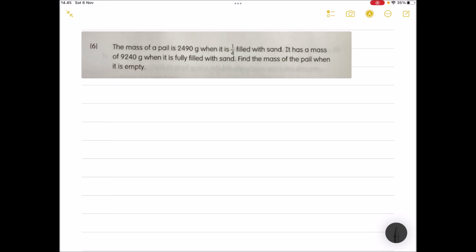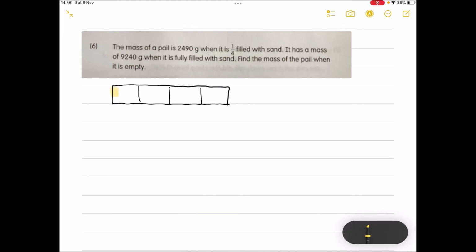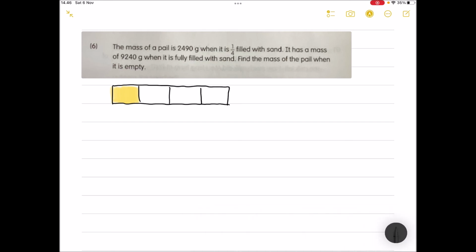So assuming that this is the pail capacity, okay, and then a quarter of it is filled with sand. Now, it's pretty common when people think, okay, so this is the 2,490, but it's wrong.